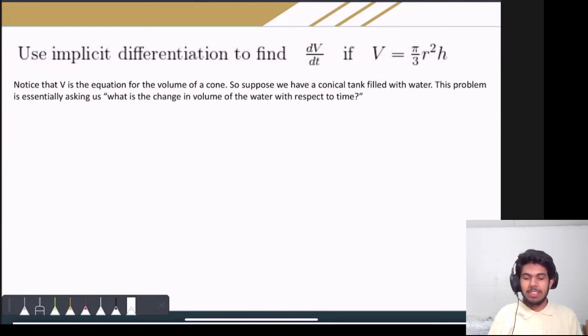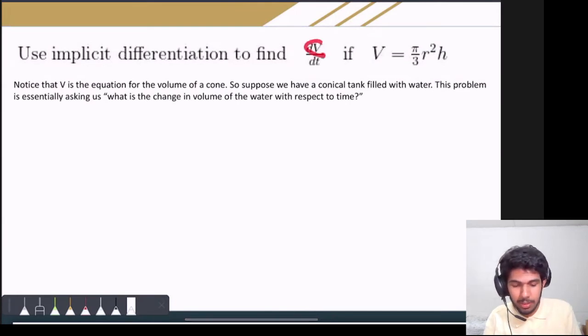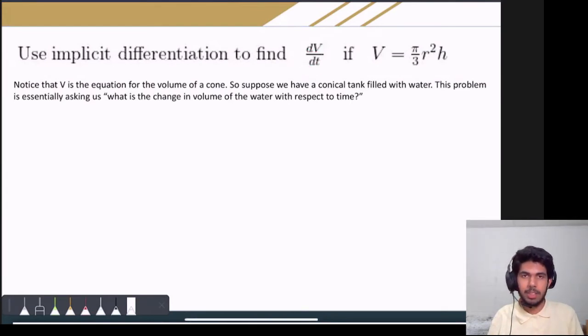So suppose we have a conical tank filled with water. This problem is essentially asking us, what is the change in volume of the water with respect to time? Okay, so we have this conical tank, and we're seeing what's happening to the water as time passes.